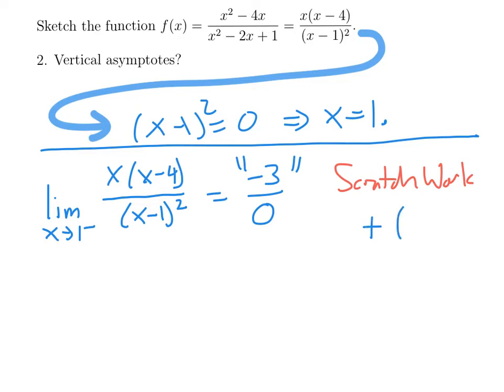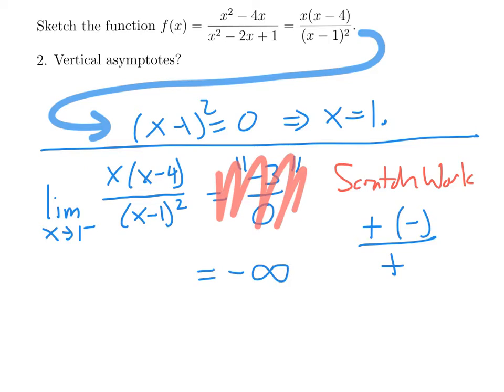The quantity x minus 4 is going to be something negative, and x minus 1 is going to be negative, but we square it, and that means that that fraction is always going to have a positive value on the bottom. All told, every number in that fraction, as we're taking this limit, is negative. We have an asymptote, and so we must be going to negative infinity. So let's write that in a better way, just saying that the limit is negative infinity.